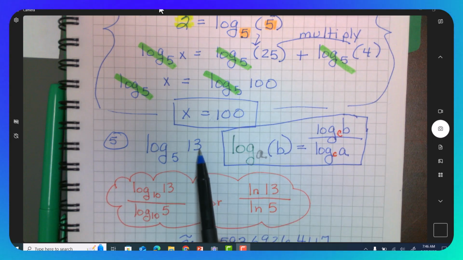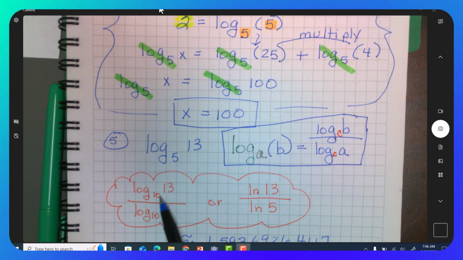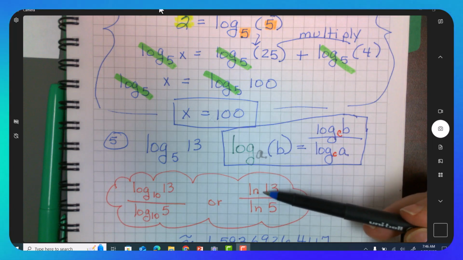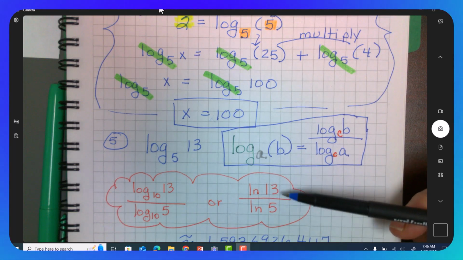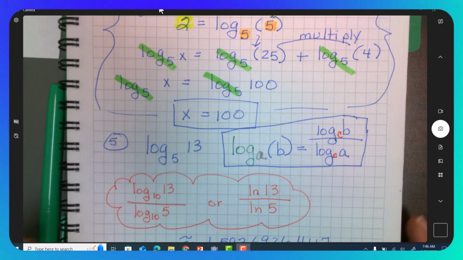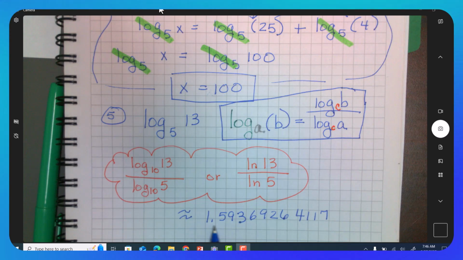Again, this goes on the top, this goes on the bottom. Use the same base. So I'm using base 10 here, and over here I'm using the notation ln for base e, Euler's number. So I have ln 13 over ln 5. And if you put either of these in your calculator, you're going to get this number.